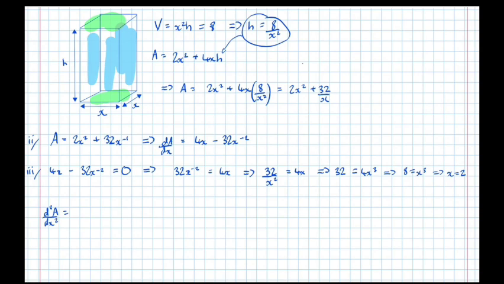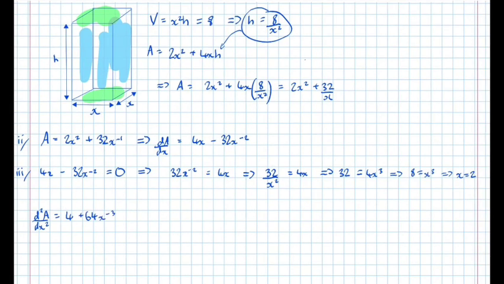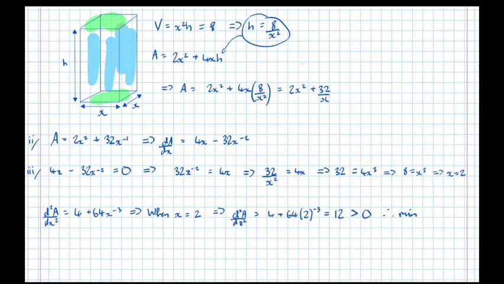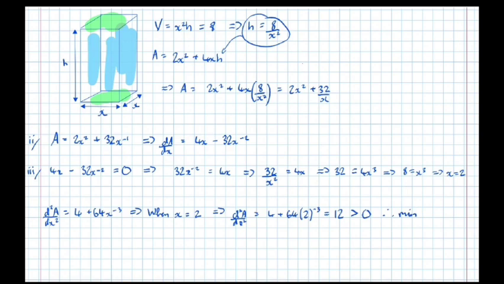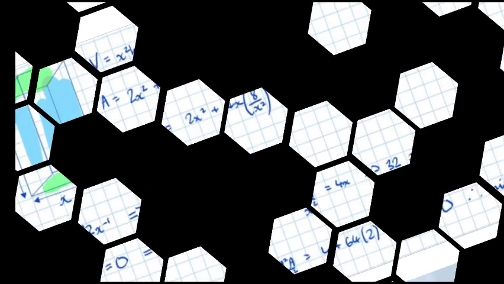Differentiating 4x minus 32 x to the power of minus 2, we get d squared A over dx squared. After substituting x equals 2 into d squared A over dx squared, we get 12. It is a positive number, so it is a minimum. So question number 3 was answered.